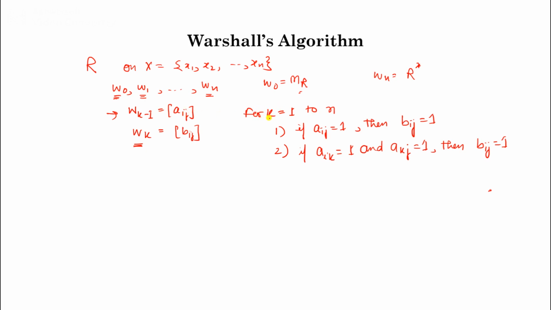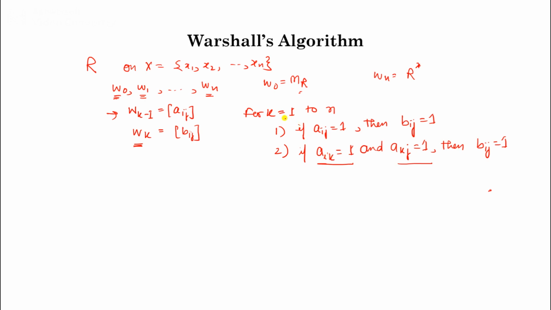For example, you will start with k equal to 1, next time k equal to 2, next time k equal to 3. We will move from 1 to n. So for a particular value of k, if Aik equal to 1 and Akj equal to 1, it means first you will check the ith row and kth column.